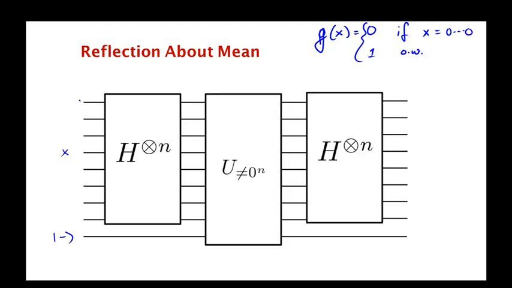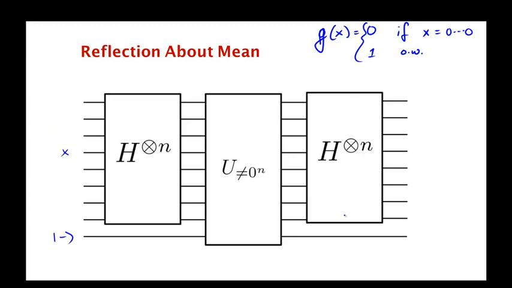So only if all n input bits are 0 does this function output 0, otherwise it outputs 1. Meaning that once you put minus in the output bit, what it's doing is putting a phase of minus 1 on all x's except when x is all zeros. And then we again do a Hadamard transform over the first n qubits.